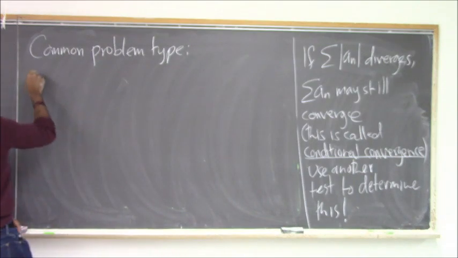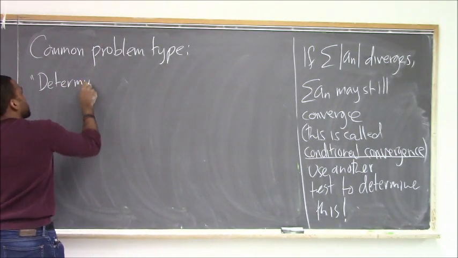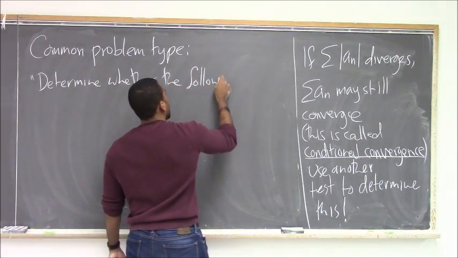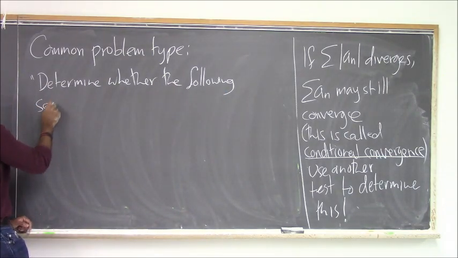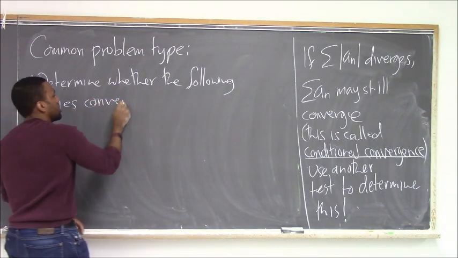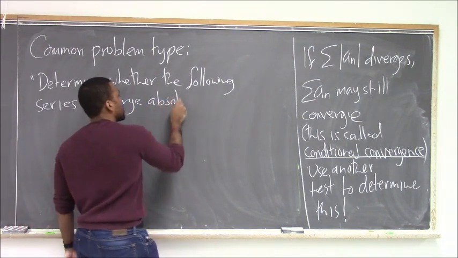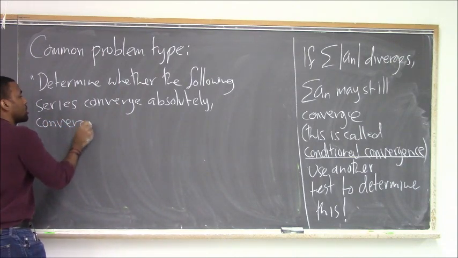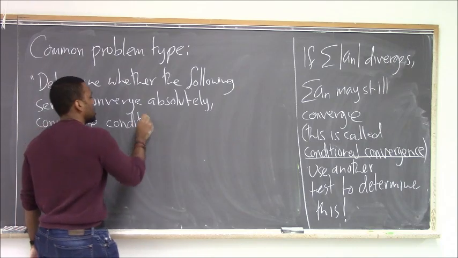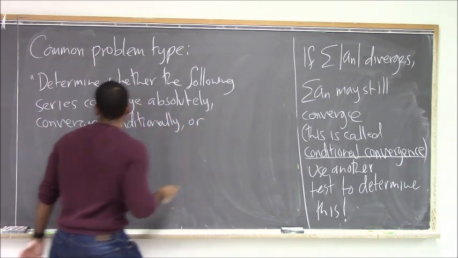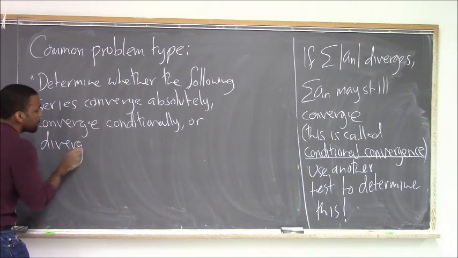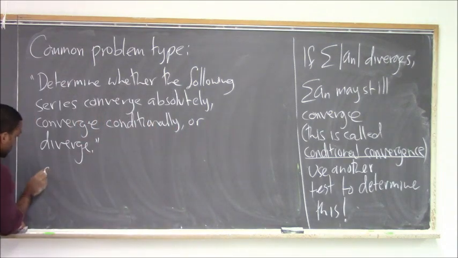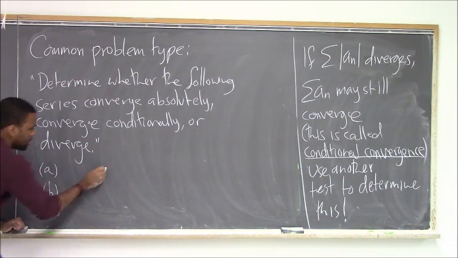It's going to say something like, determine whether the following series converge absolutely, converge conditionally, or diverge. And you'd usually have a bunch of examples below this, 2 or 3, 4. So they'll have A, B, C, D, right?